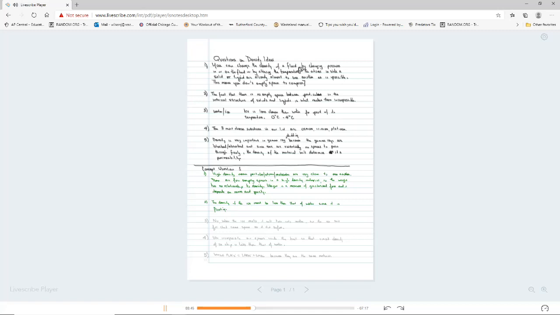Whoops, number 3 first. An ice cube floats in a glass of water filled to the brim. As the ice melts, will the water overflow? The answer here is no. When the ice melts, it will turn into water.